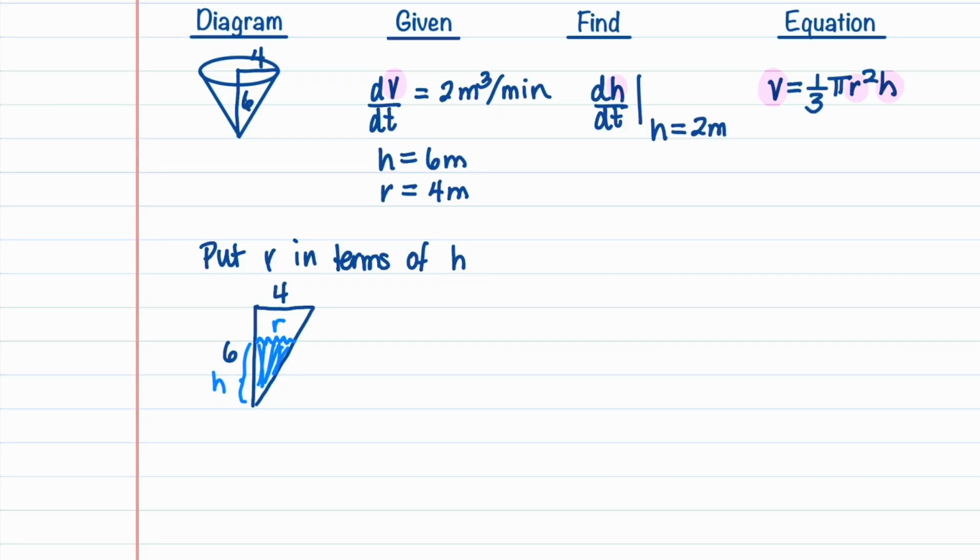We have then two similar triangles. Here's the first one, where we have radius 4, height 6. And then our second one, we have a radius and a height. And they share common angles, so we can use what's called similar triangles.